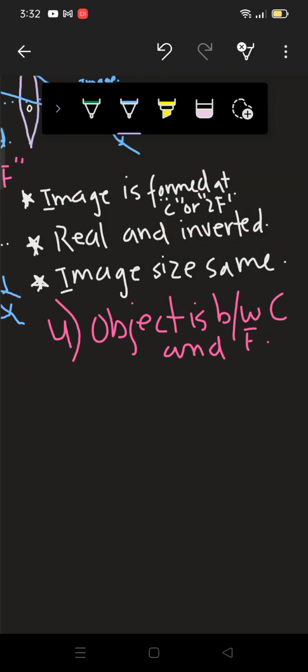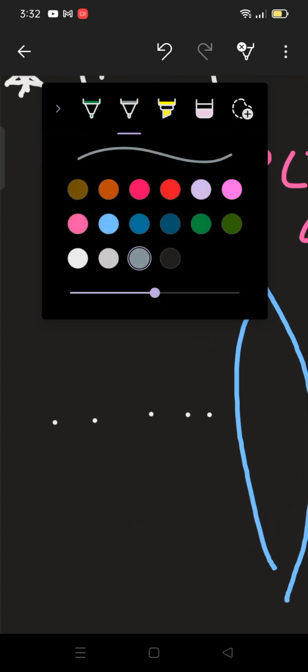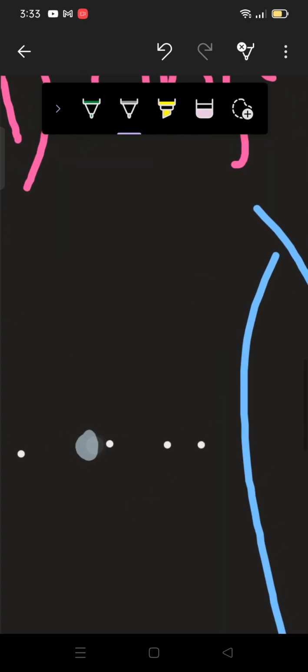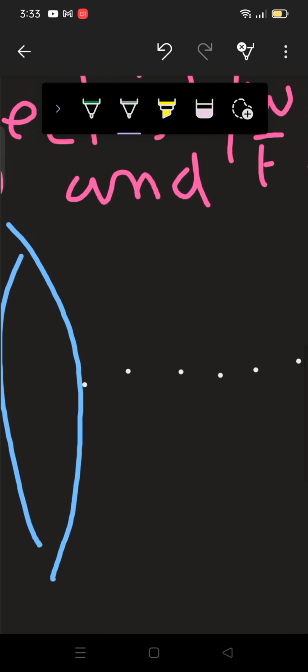Let me make the lens here. So here I have lens. Here we have principal axis. Alright. Here we have focal point. And here we have C, which is the center of curvature.